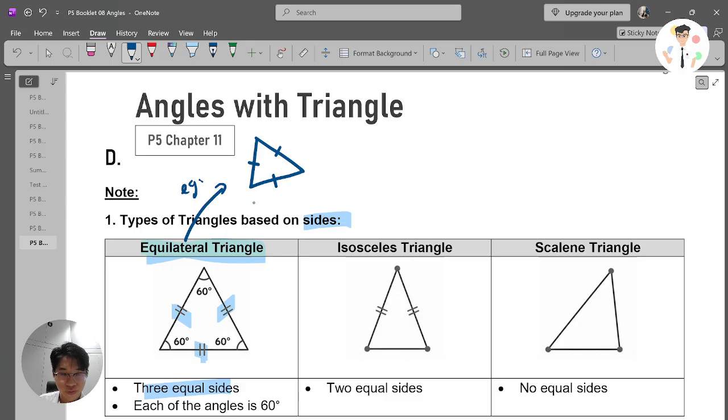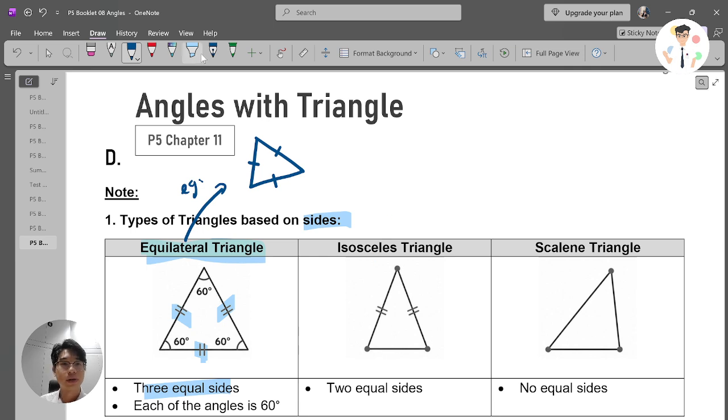Because an equilateral triangle has equal sides, all these angles are 60 degrees, 60 degrees, and 60 degrees. That's called an equilateral triangle. And why 60? You will know about it in a short while.